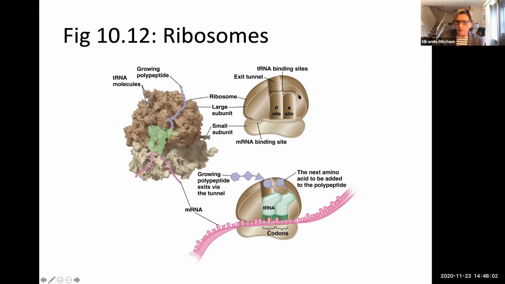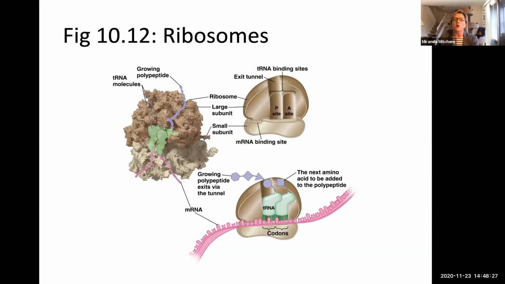They're made of two subunits, the small and the large subunit. These sequences are highly conserved in evolution. All eukaryotes share the same small and large ribosomal subunits. Prokaryotes have their own, and eukaryotes and prokaryotes do not have the same ribosomes.